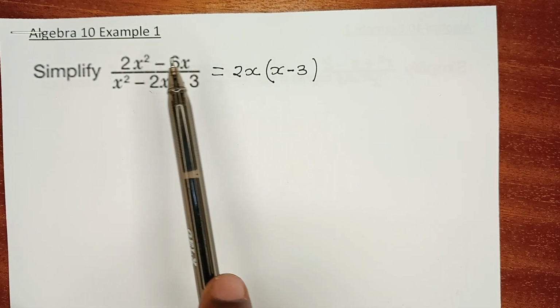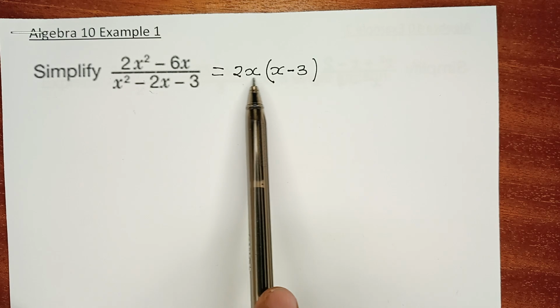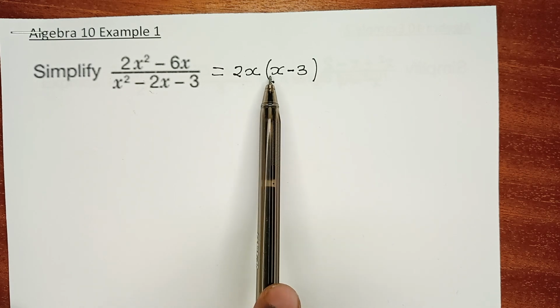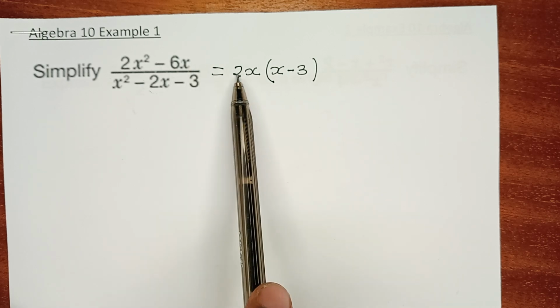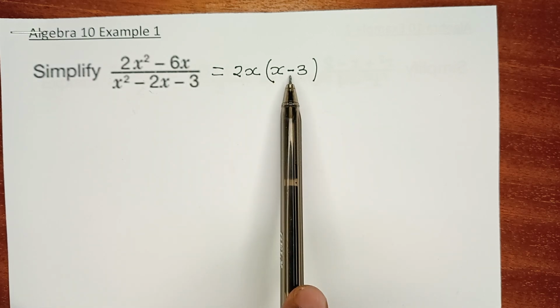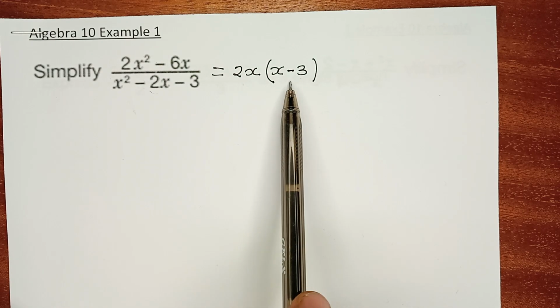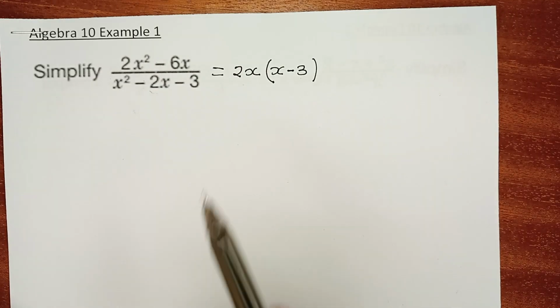So within the bracket, 2x squared divided by 2x, we get x, and negative 6x divided by 2x, we get negative 3. That is now what is within the bracket.